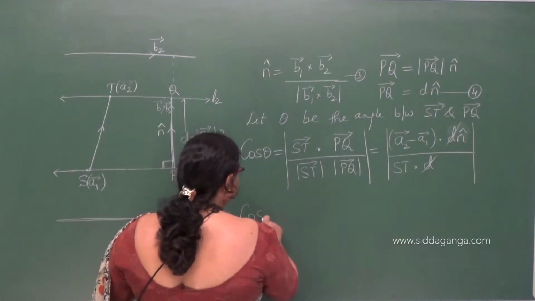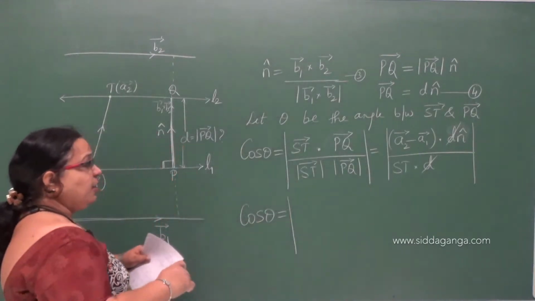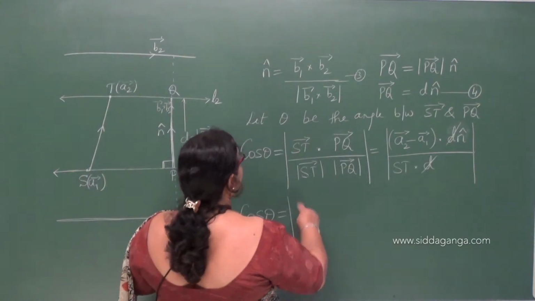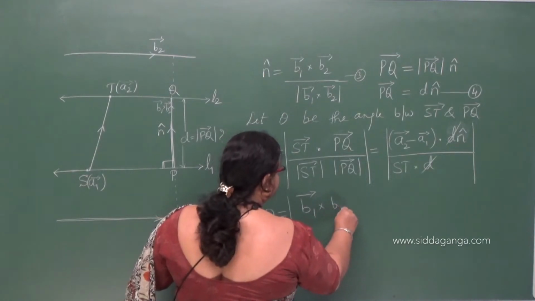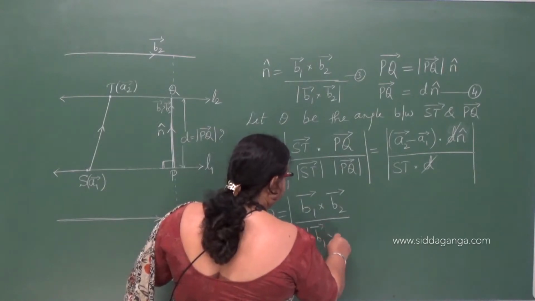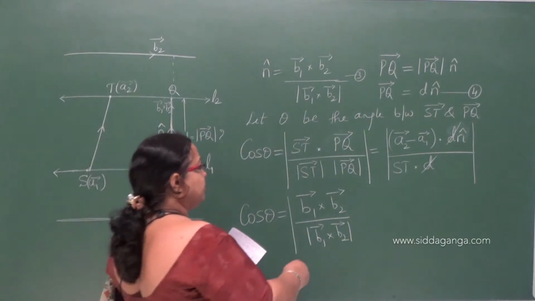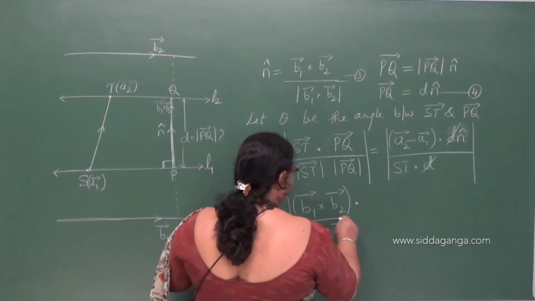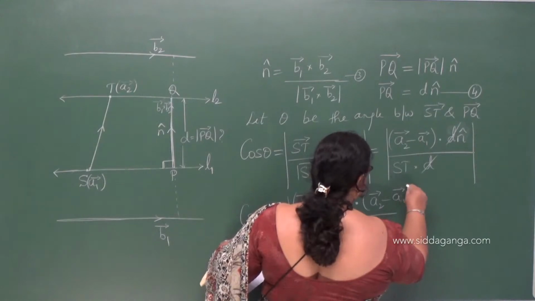Therefore cos theta equal to, dot product commutative law satisfy ಮಾಡೋದ್ರಿಂದ n cap ಅನ್ನು ನಾನು ಮುಂಚೆ ಬರ್ಕೊಳ್ತೀನಿ. n cap ಅಂದ್ರೆ ಇದನ್ನ ಎಂಟ್ರಿ ಮಾಡಿ, vector B1 cross vector B2 divided by magnitude of B1 cross B2 n cap dot product with A2 vector minus A1 vector.